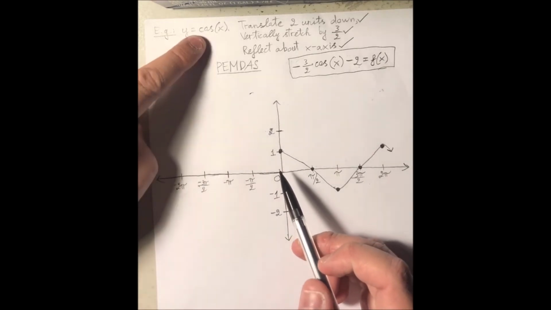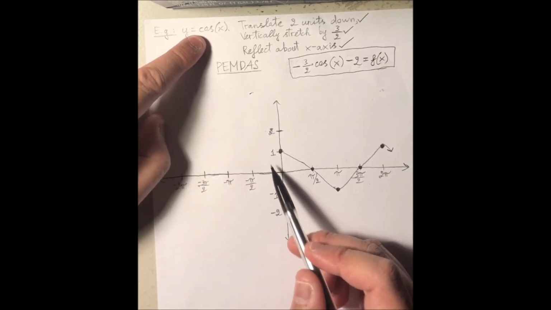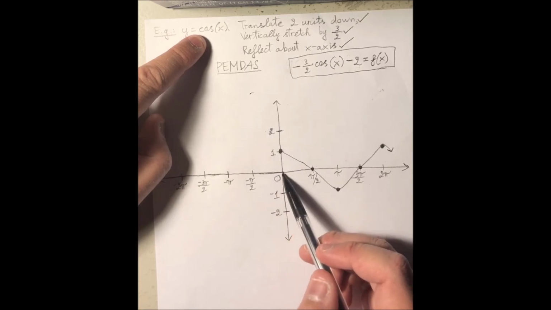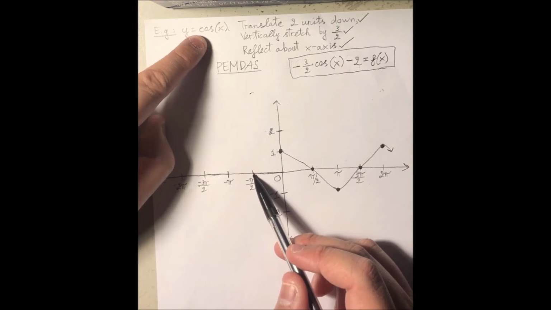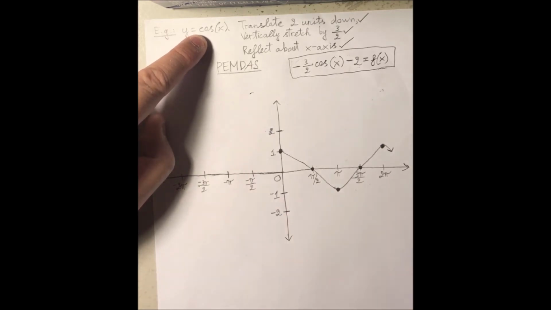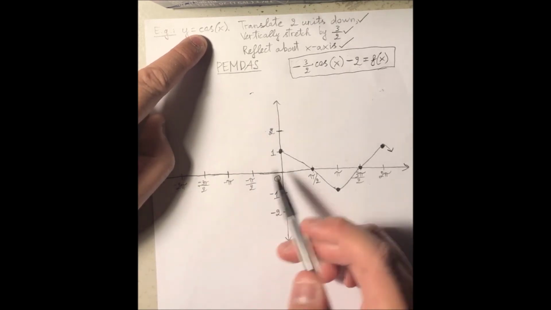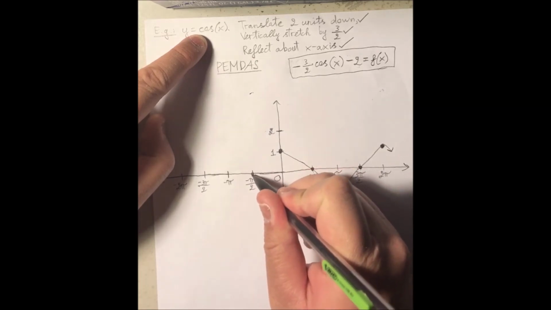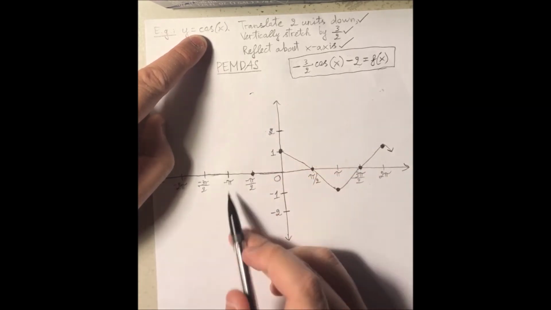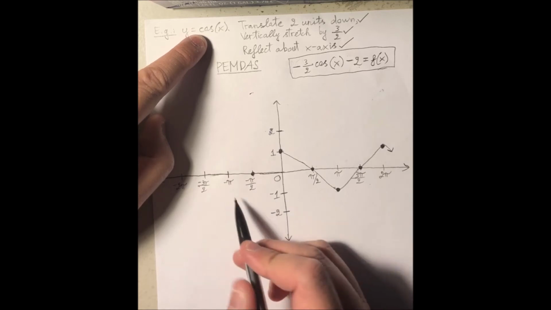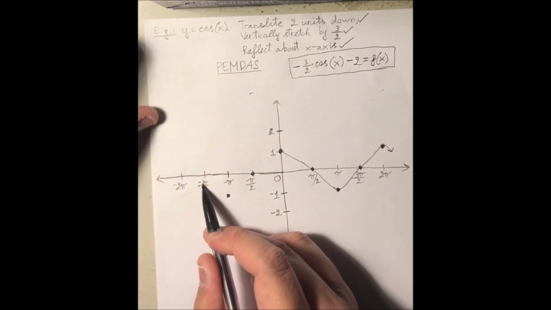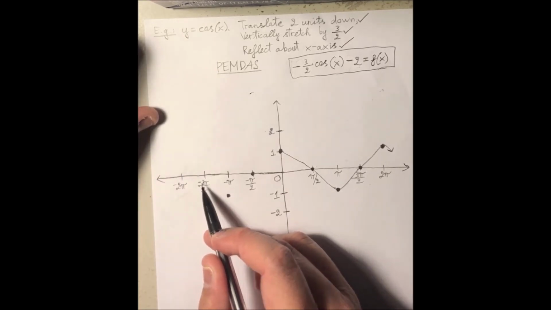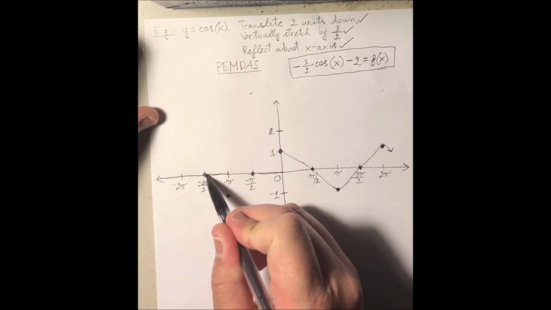But if you're not sure, just do plug and chug again. So x equals 0, cosine is going to be +1. Let's say when x is -pi over 2, cosine of -pi/2 is 0. So right there. When x is -pi, cosine of -pi is -1. When x is -3 pi over 2, cosine of -3 pi over 2 is 0.